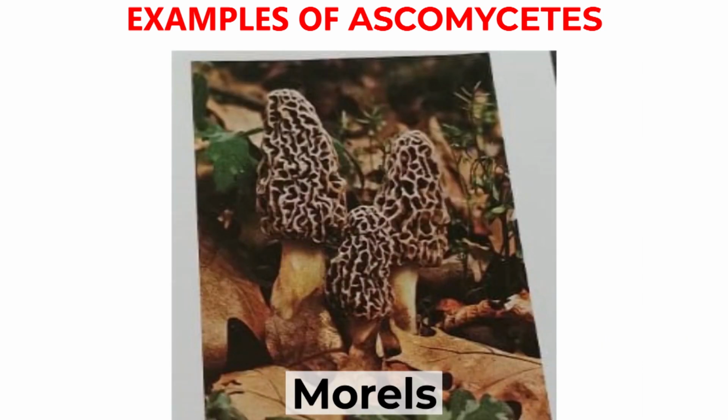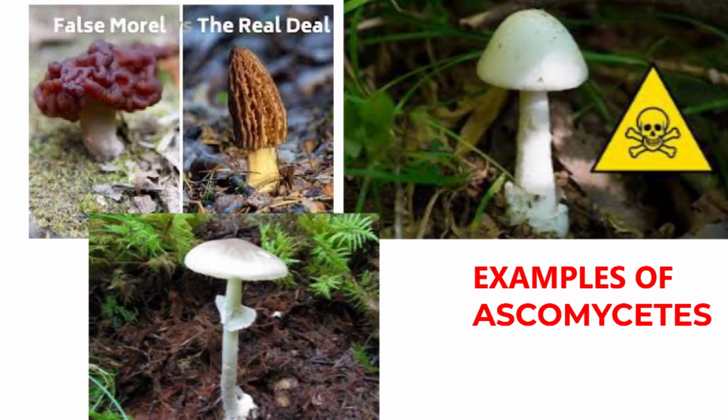Then under Ascomycetes, you have plenty of edible forms, delicacies. Morels are in this group. Morels are so precious that they are cultivated even on large scales. Among the Ascomycetes, we also have very dangerous, poisonous types.